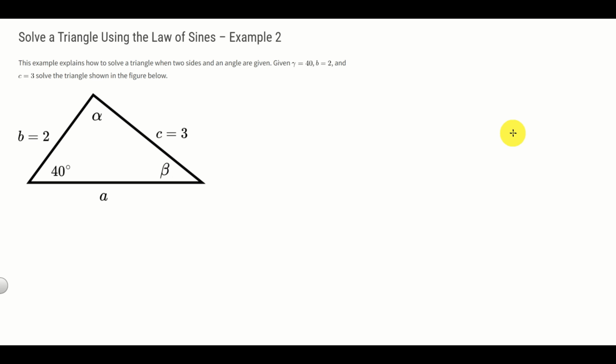The first step is to write the general form of the law of sines. Let's do that. We have a over sine alpha is equal to b over sine beta is equal to c over sine gamma.